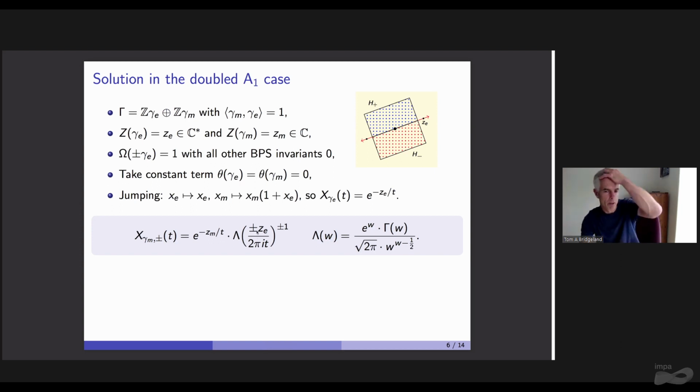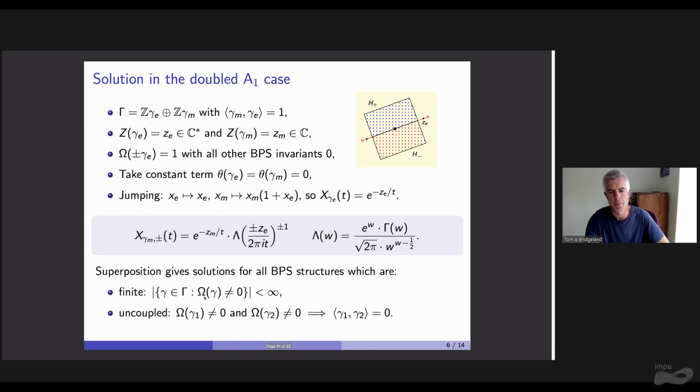So one nice thing you can do is superimpose such solutions and solve the Riemann-Hilbert problem for more general BPS structures, but only ones that are what I would call uncoupled, or what Gaiotto more nicely called mutually local corrections. It basically means that the automorphisms corresponding to different rays commute.